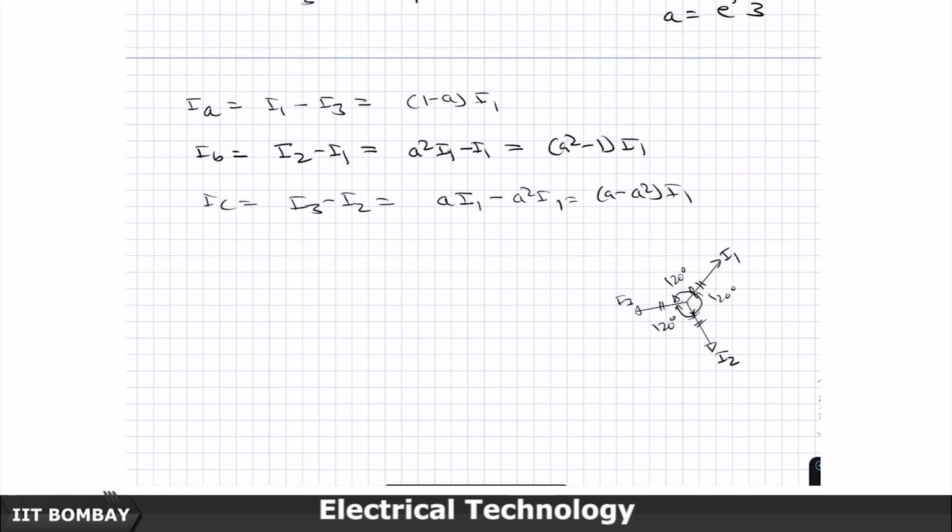You can very clearly see that I_3 is a times I_1 and I_2 is a² times I_1.